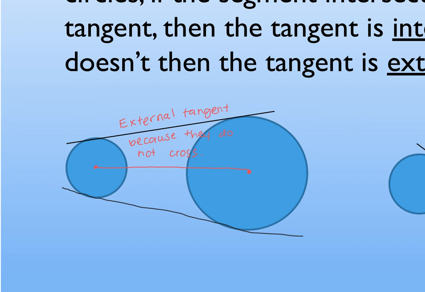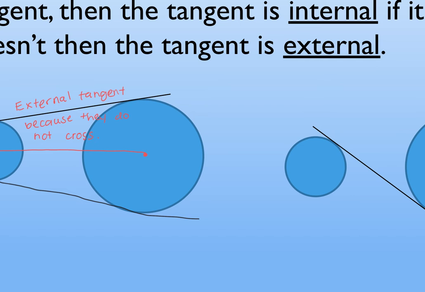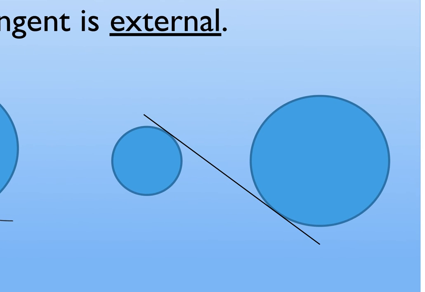Okay, let's take a look at the same image, but now what we call this is an internal tangent, and I'll show you why. Draw the same centers on your circles and connect those centers. Do the lines cross? Yes. Since they cross, we call this an internal tangent.